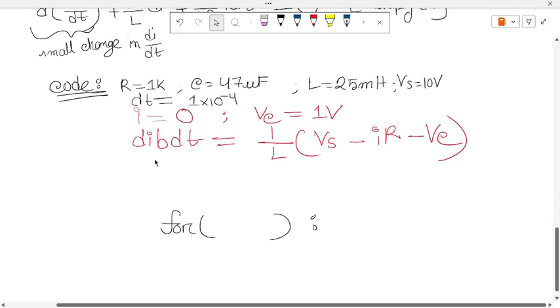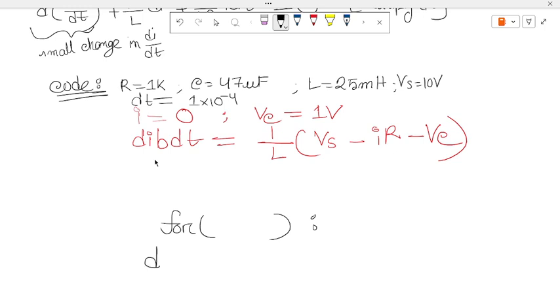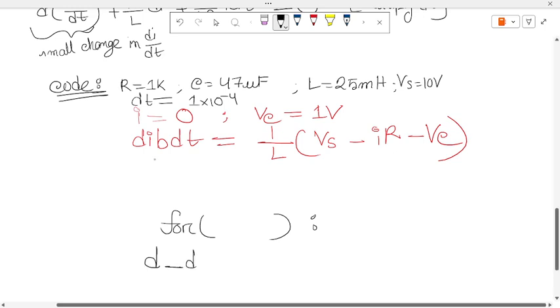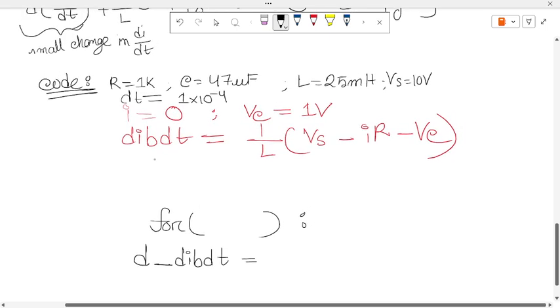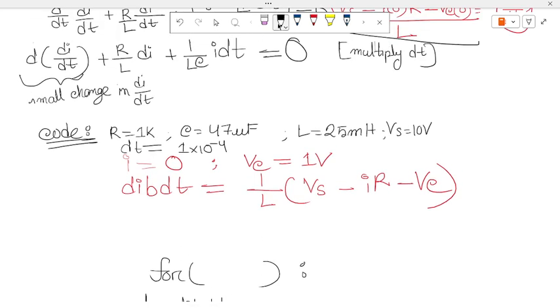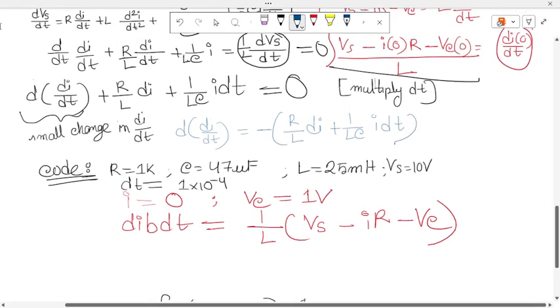So let's write a variable d di by dt, and that will be equal to, let's modify this equation, d di by dt is equal to minus R by L di minus 1 by LC I dt, right?